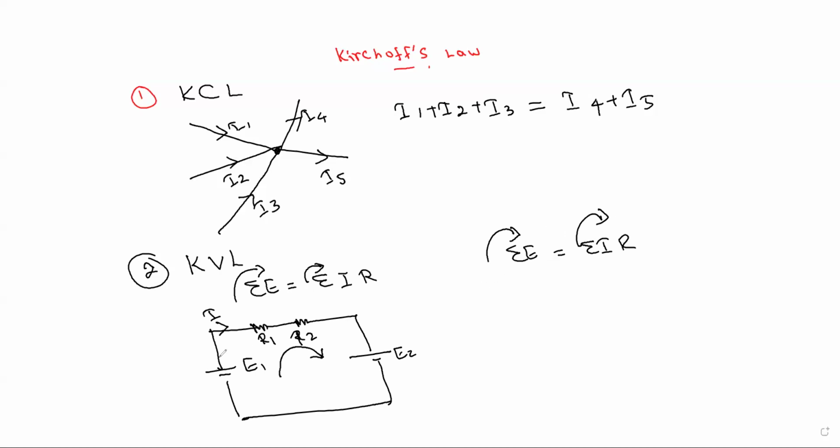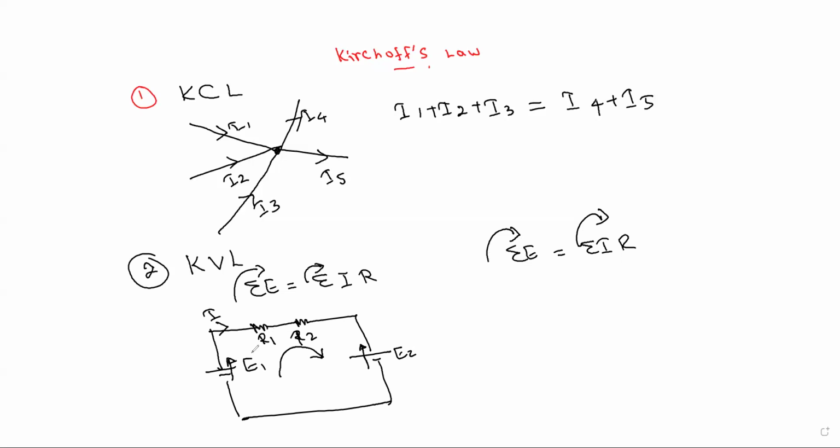Here, first we put an arrow for all voltage sources from negative to positive. It means I will put an arrow negative to positive for all voltages, which is easier for our simplification.